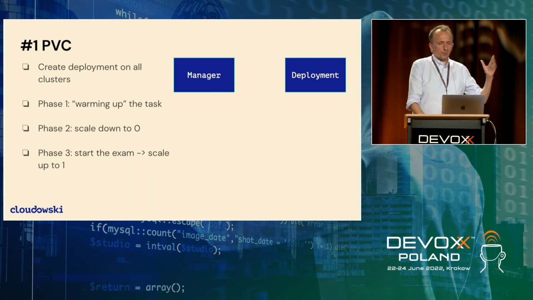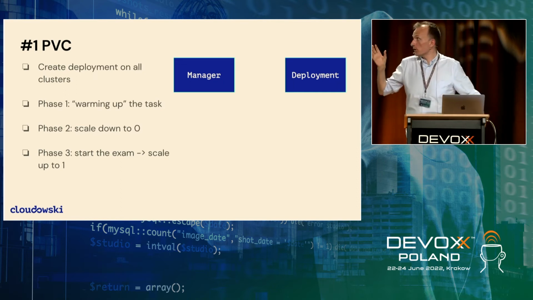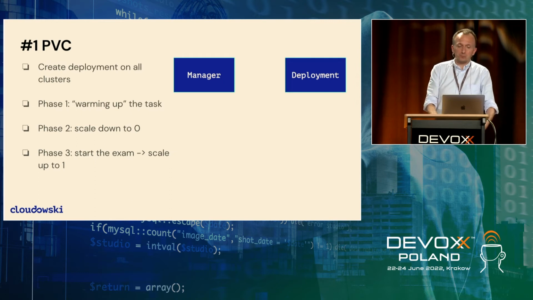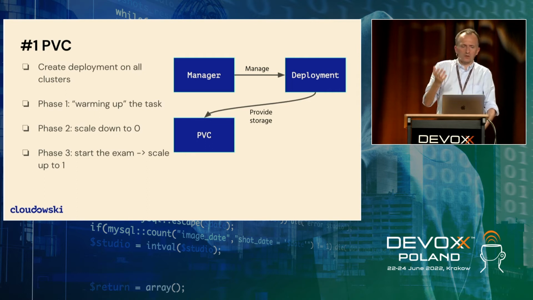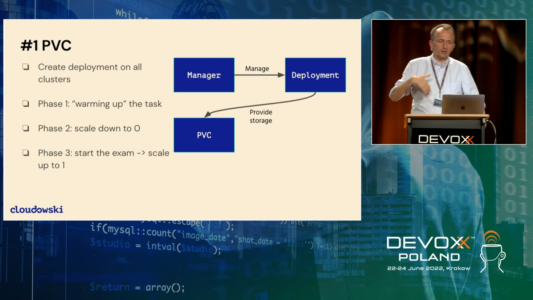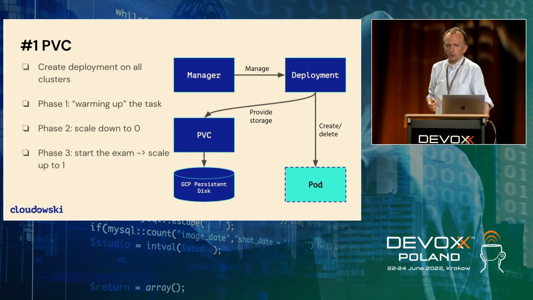So our first approach, well, it worked. We have a manager, a piece of our software that creates a deployment. And this deployment creates, well, a PVC object is also created at the same time, and the PVC object orders a persistent volume on our GKE cluster, and the deployment also creates a pod.